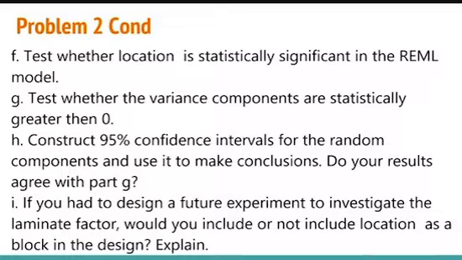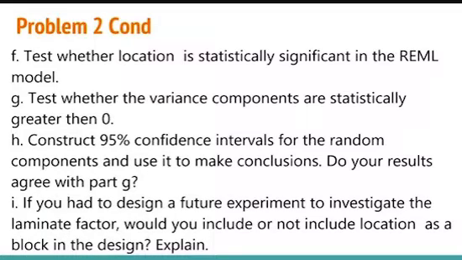And another contextual question is I. When I say if you have to design a future experiment to investigate the laminate factor, will you include or not a location as a block? Now, you know what you did in problem 1? In problem 1, you took location as a main factor, while laminate as a block, right? I'm now saying, can you think about this? It is a practical question now.